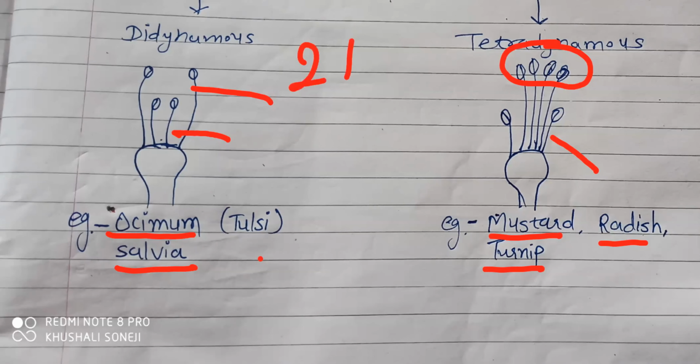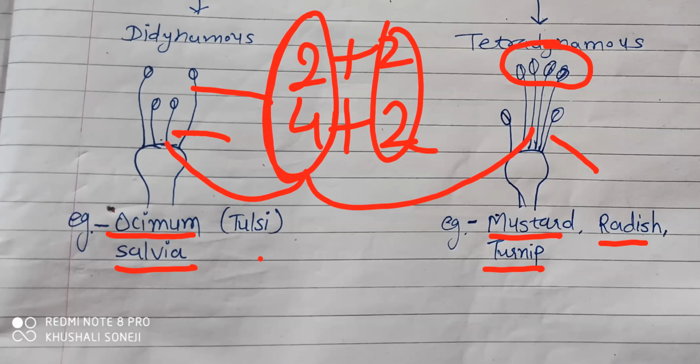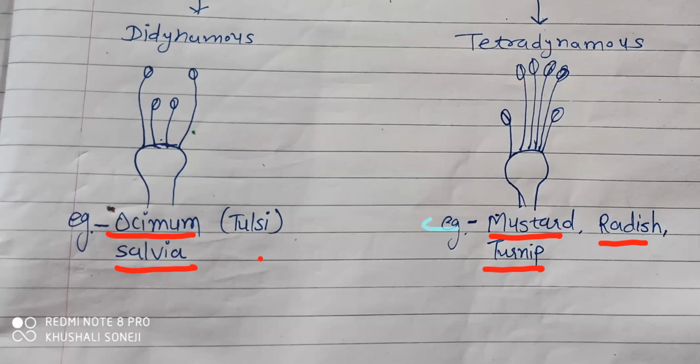Always remember 2+2 and 4+2. In that, the first number relates to the center, and the second two at the periphery. Examples, remember, very, very important. Ocimum, tulsi, salvia, then tetradynamous in that mustard, radish and turnip.